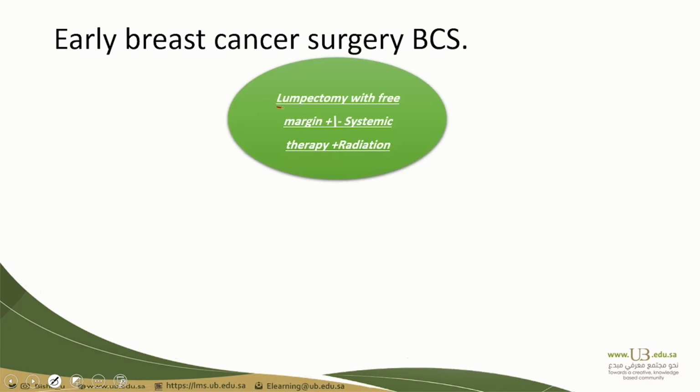BCS, as we said, is lumpectomy with free margin plus or minus systemic therapy according to indication. We will know the indication of systemic therapy plus radiation. Radiation is mandatory in any patient who had BCS, whether it is for early breast cancer or for DCIS, as we mentioned in the DCIS treatment.